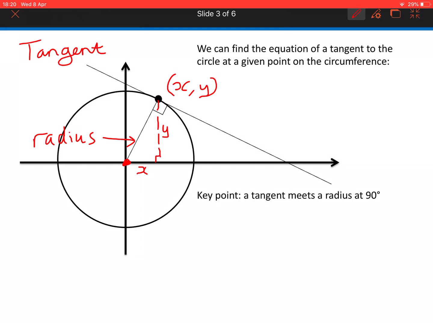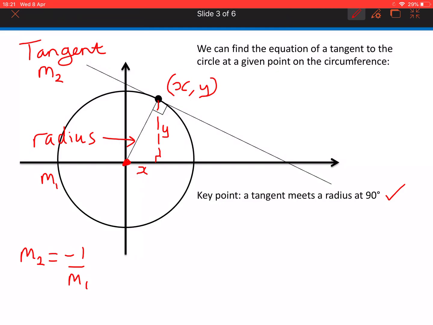So I can get the gradient of the radius, let's call that m1, and what I want to find is the gradient of the tangent, let's call that m2. And because we know that they are perpendicular, we know that m2 is the negative reciprocal of m1.